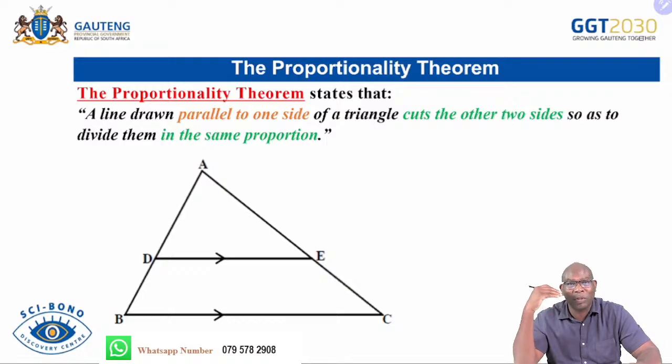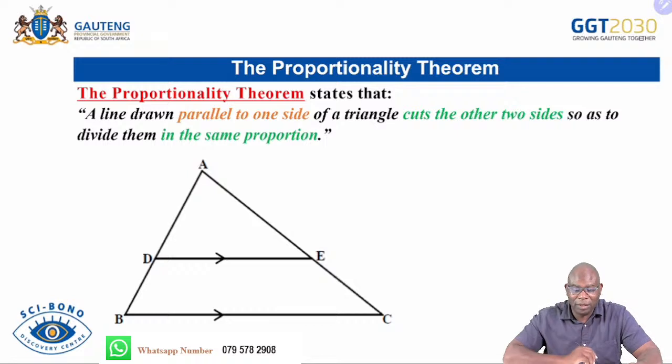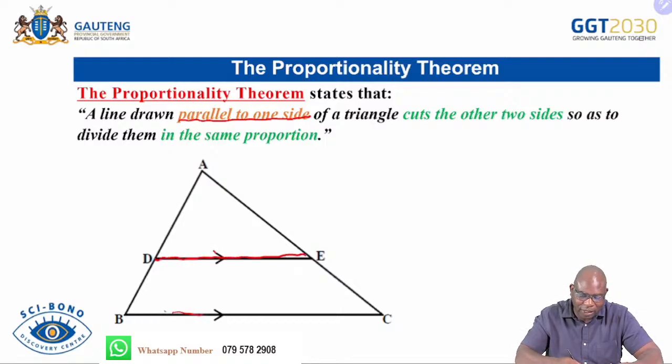Don't confuse the midpoint theorem with the proportionality theorem. Now, the proportionality theorem states that if I've got a line drawn parallel to one side, meaning that line is parallel to that side, can we then say it divides the other two sides at their midpoints?